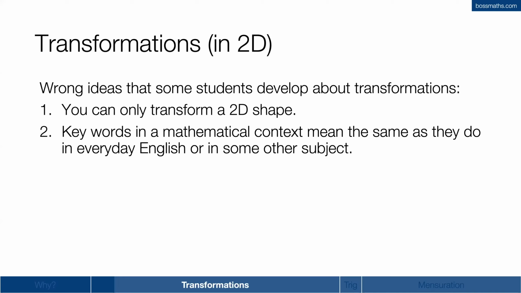And again, this is something I've got just from talking to students one-to-one and getting them to articulate exactly what they're thinking. And the second type of wrong idea, as you see on there, is that students either mix up a specific mathematical definition with an everyday English definition, or maybe even a technical definition from some other subject. So I'll come back to that a little bit later.